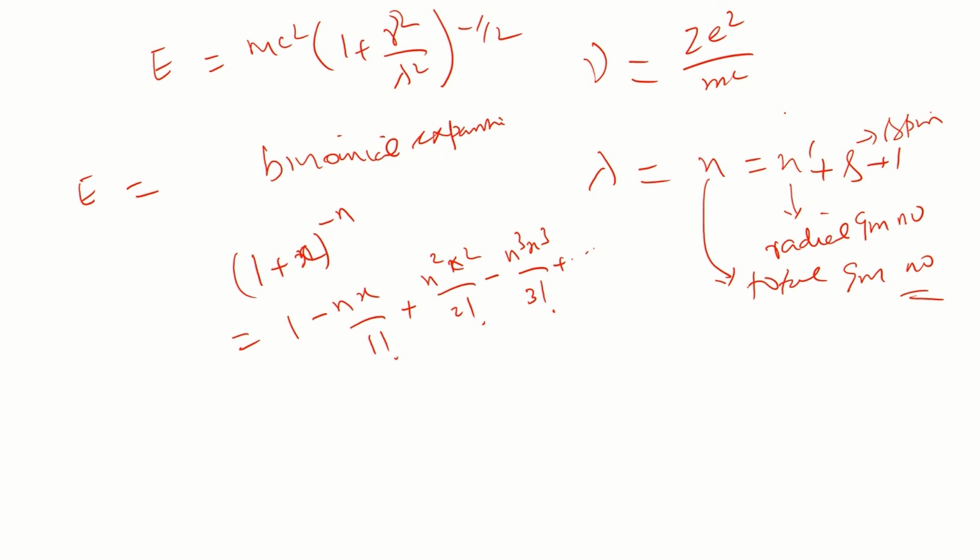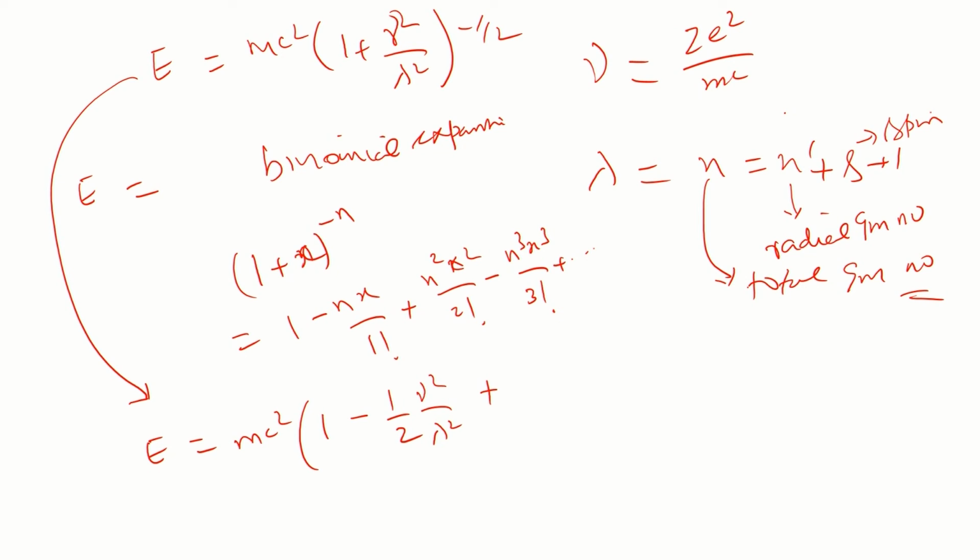Using the binomial expansion, this E can be expanded as E equal to mc square into 1 minus n, where n is minus 1 by 2 and x is nu square by lambda square. So we have 1 by 2 into nu square by lambda square plus n square, that is 1 by 4, nu square by lambda square whole square into 1 by 2 minus etc. It is going on.